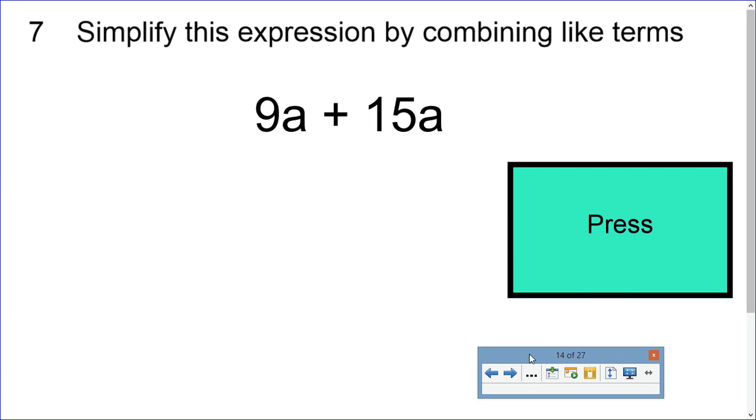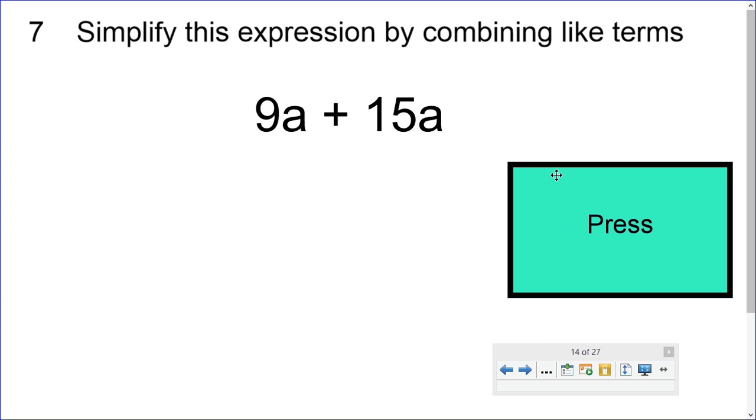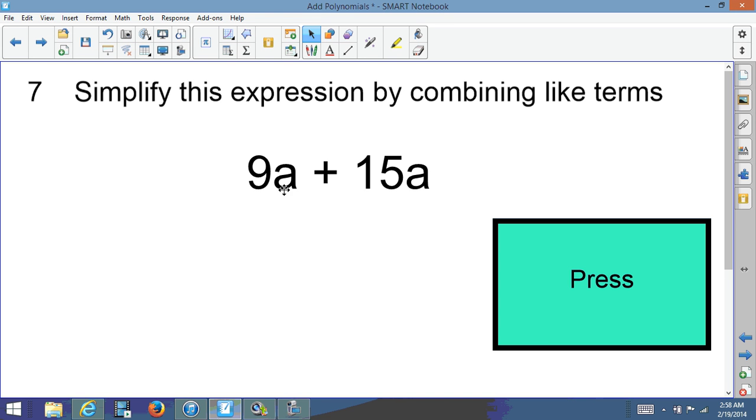Here's our first question. We're going to simplify the expression by combining like terms. We have 9a plus 15a. These are terms that are monomials, and we're going to combine them because they are alike. We could consider 9a to be like 9 apples, and we're going to add to it 15 apples.